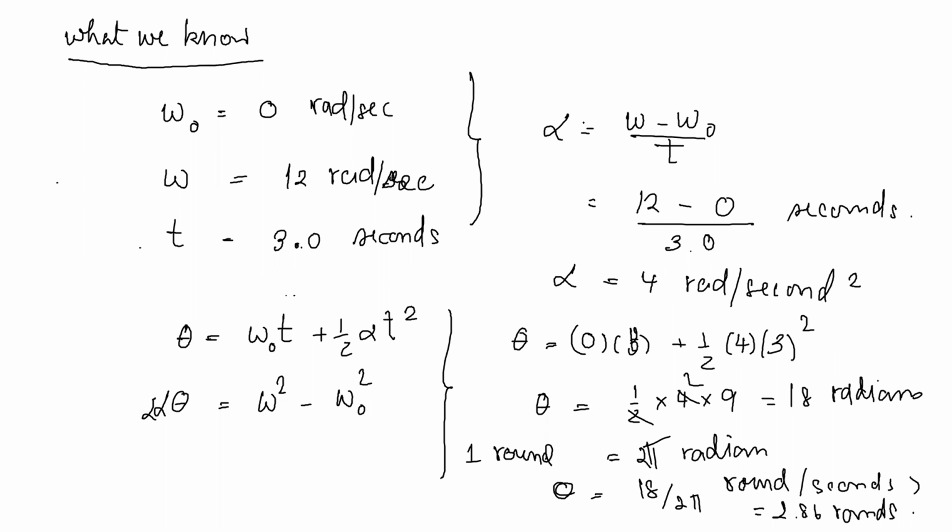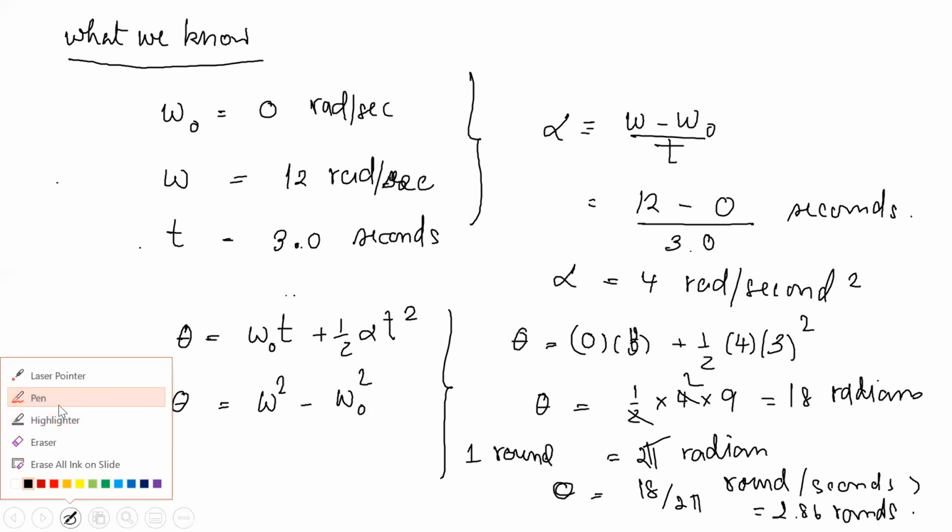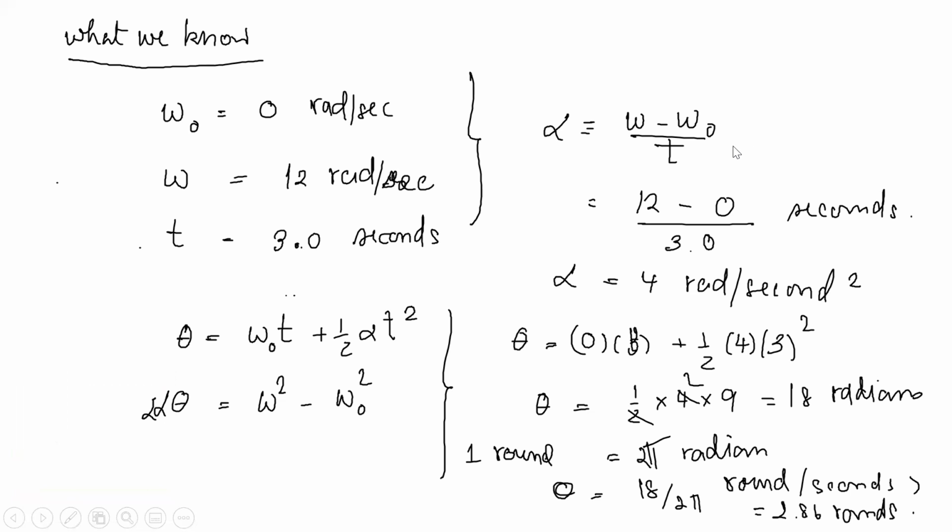By definition, the angular acceleration is the change in angular speed over time. The change in angular speed is the final angular speed minus the initial angular speed, divided by the time taken.